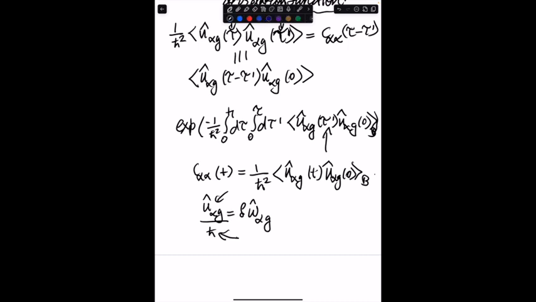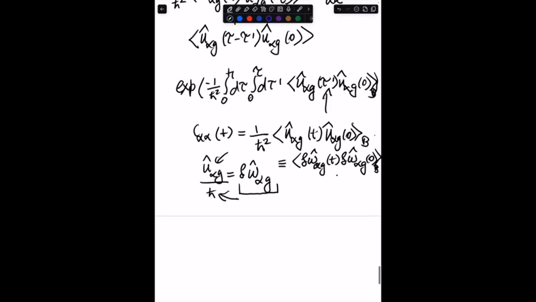Why is it delta omega alpha g? Because now you're tracking the transition frequency fluctuations instead of the transition energy fluctuations. So some people write this as delta omega alpha g at time t, delta omega alpha g at time 0. Right. And this is known as your FFCF, or frequency fluctuation correlation function.